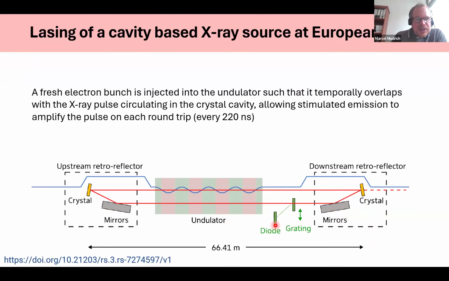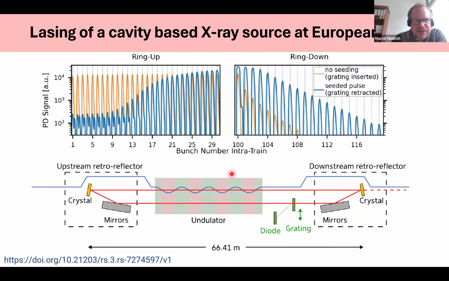Then you can measure the photodiode signal here, which is a monitor of the individual X-ray pulses circulating around the resonator. Here in the blue is the seeded pulse. So this is for a closed resonator, how the power builds up.